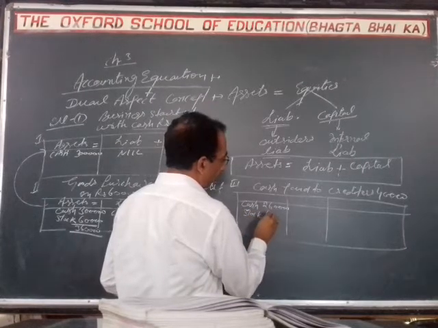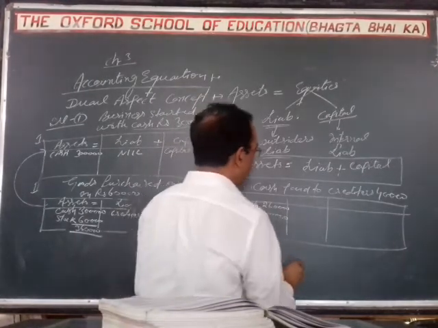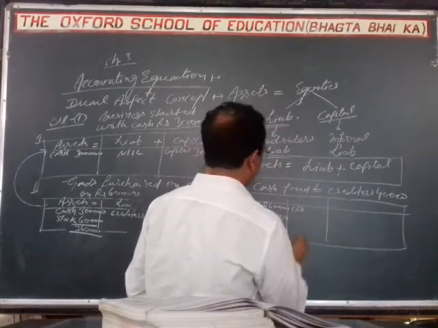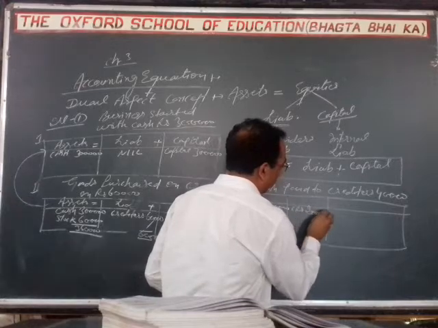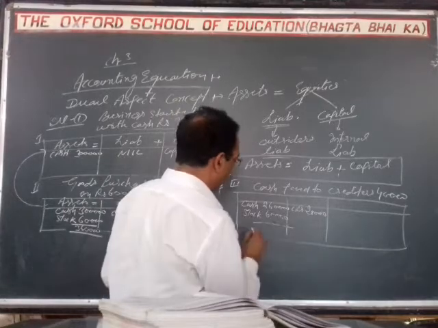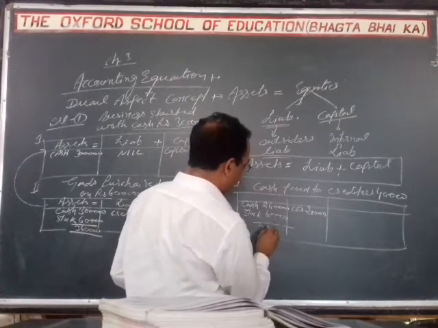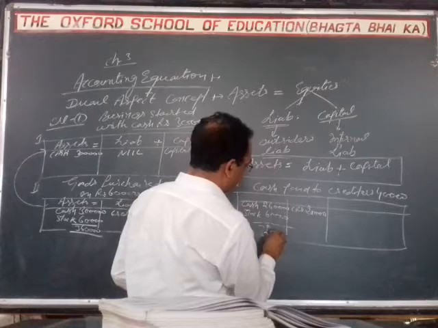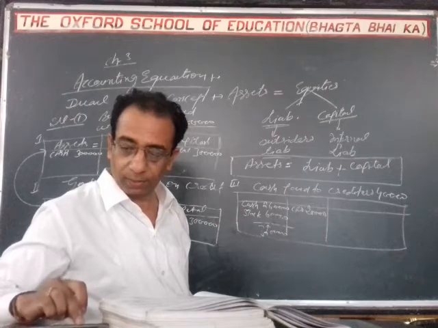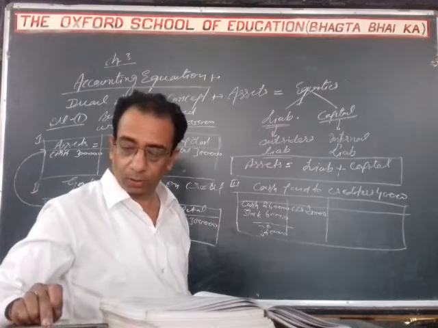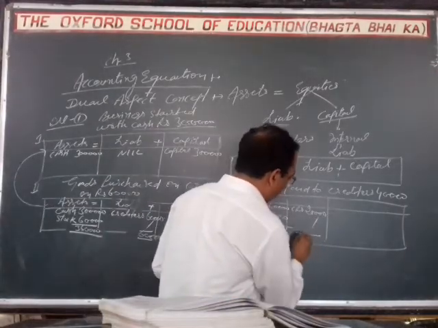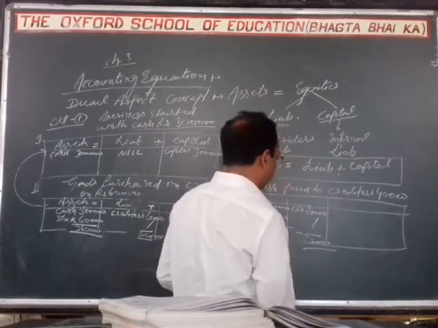Stock remains the same because there is no change, and creditor, you have to pay 40,000 rupees to the creditor, so creditor comes down to rupees 20,000 from 60,000. Right? Now we make the total. 2,60,000 plus 60,000, the total is 3,20,000, and the amount of creditor is 20,000.